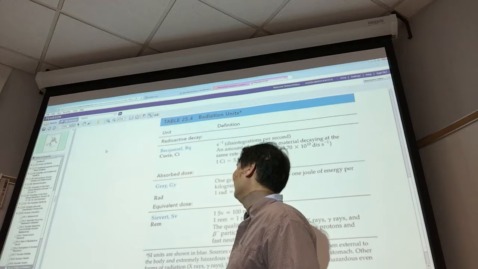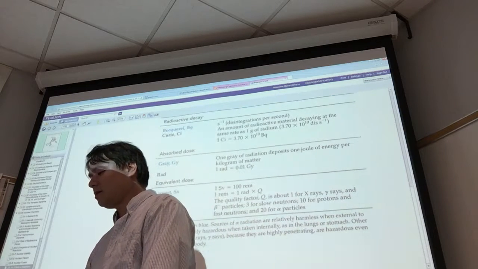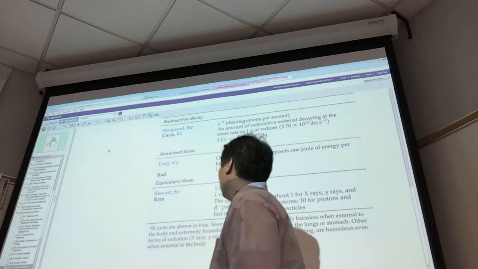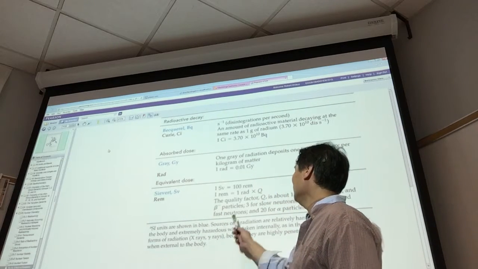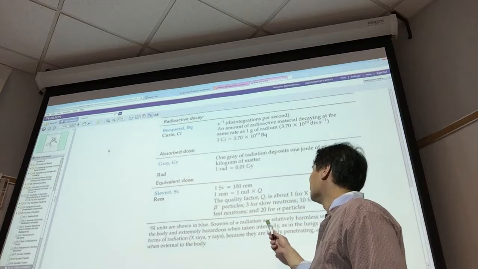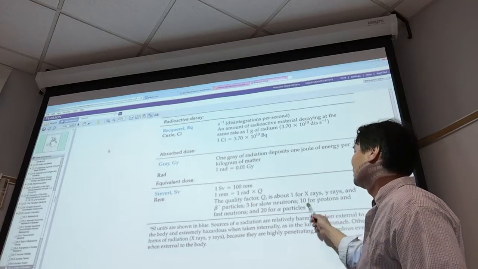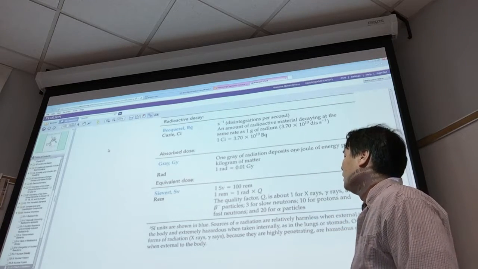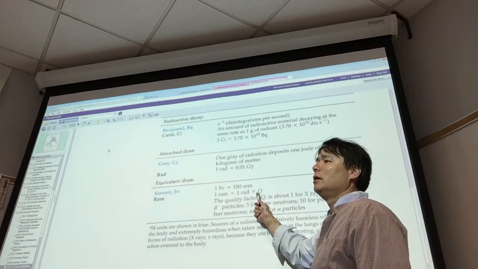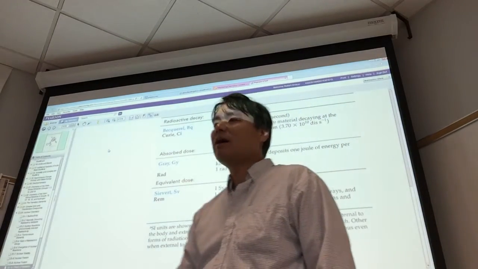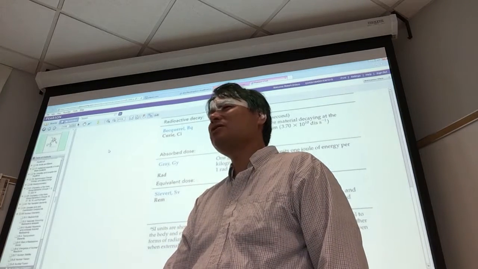And so what's better is this, a REM. A REM is much better, because a REM or a sievert is the biological impact of that radiation. And so what you do is you take the rad and multiply it by some factor. For example, red light, does that have much biological impact?